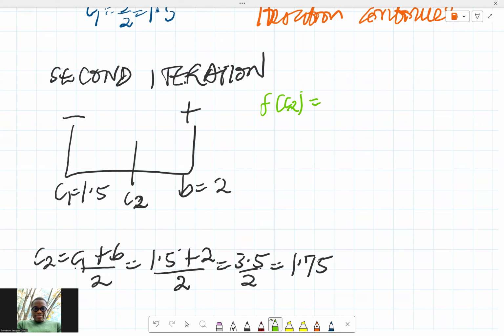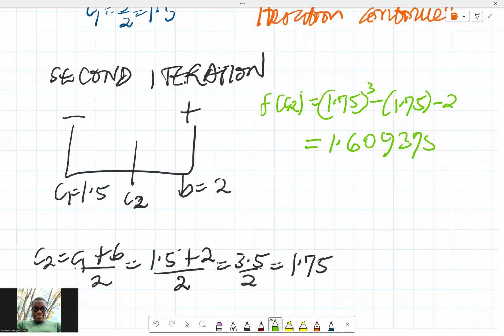So f of C2 is 1.75 raised to power 3 minus 1.75 minus 2, and when you simplify that, you get 1.609375.